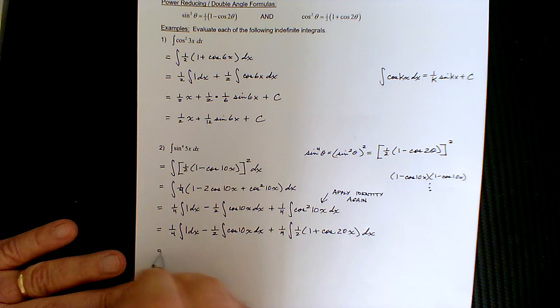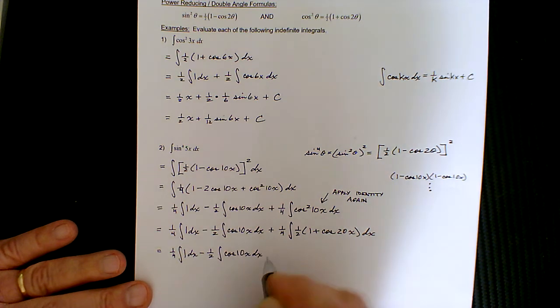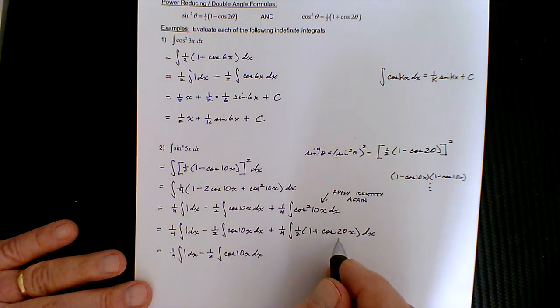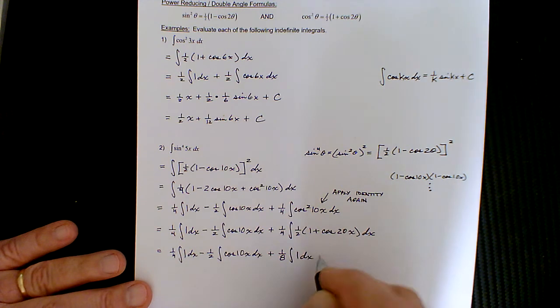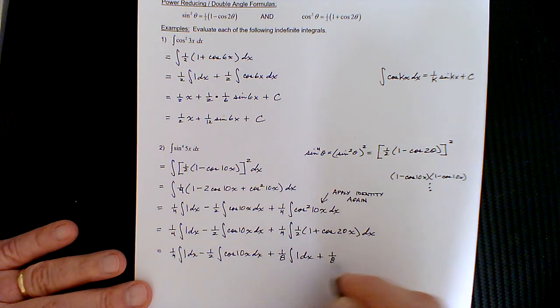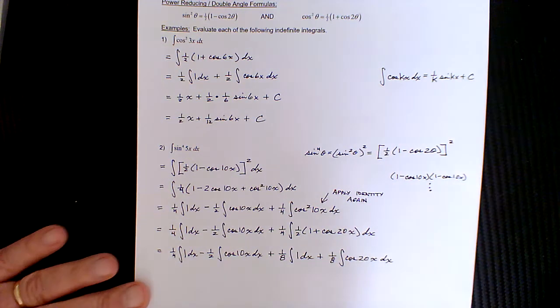So now I'm just going to recopy the first two integrals, and then separate this into two integrals with 1/2 times the quarter, 1/8. Integral 1 with respect to x, and then plus 1/8 integral cosine 20x with respect to x.